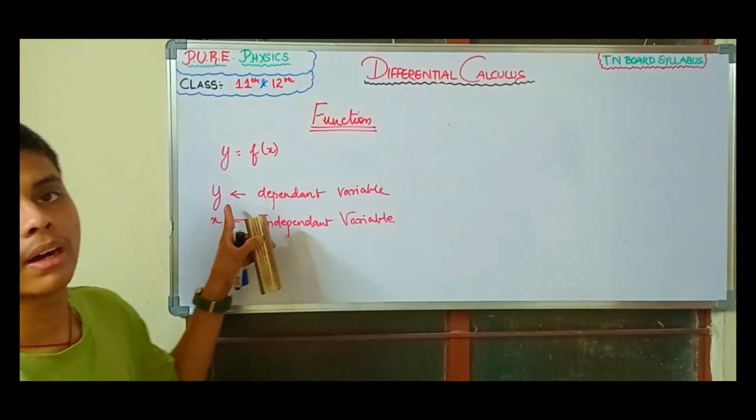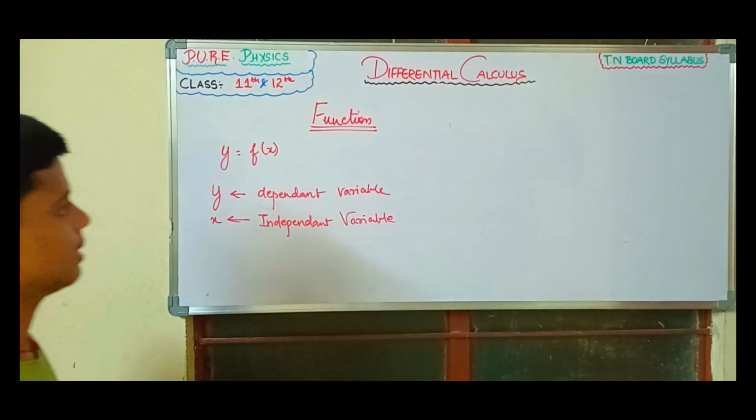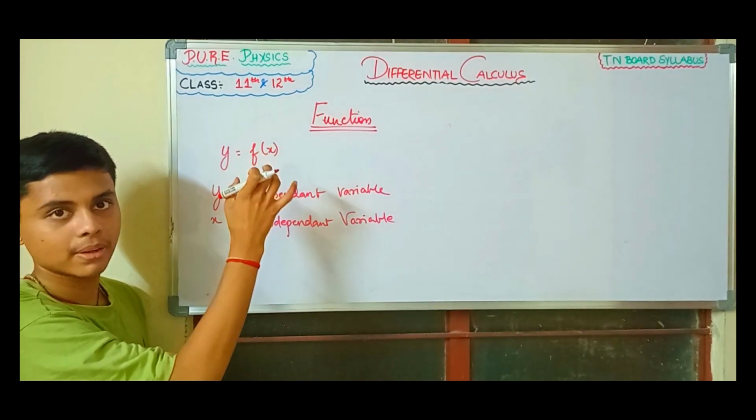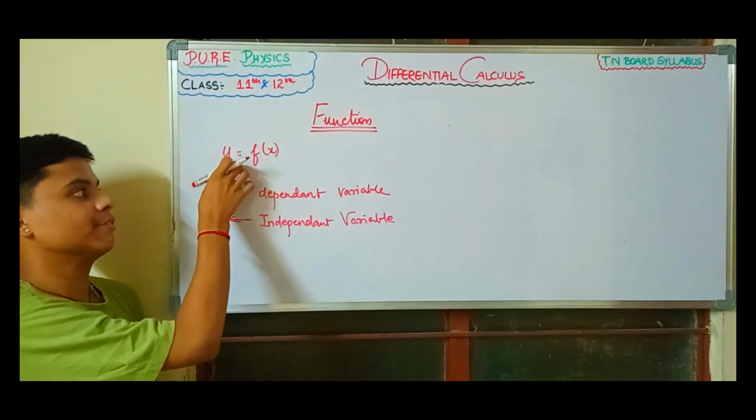Why do we call y the dependent variable? Because whenever we substitute x, that will give the value of y.